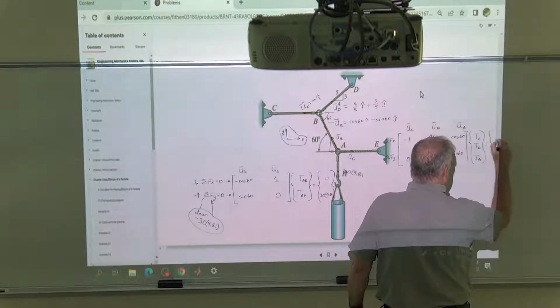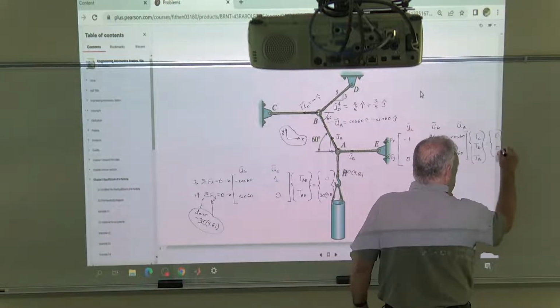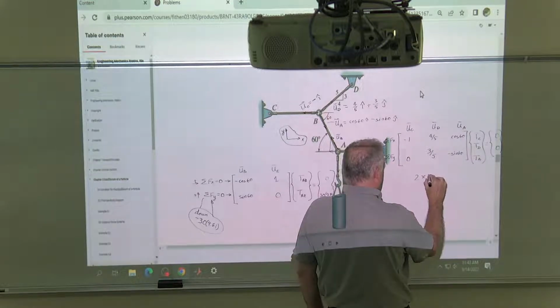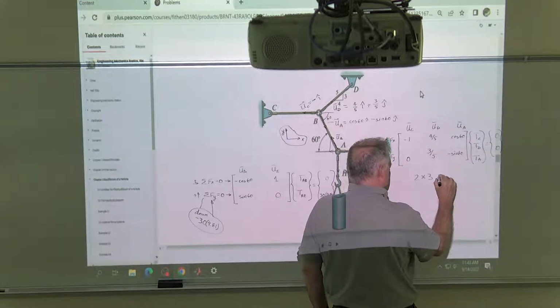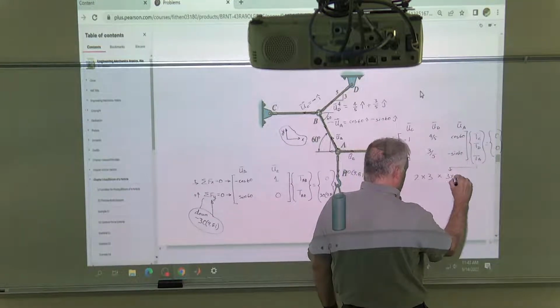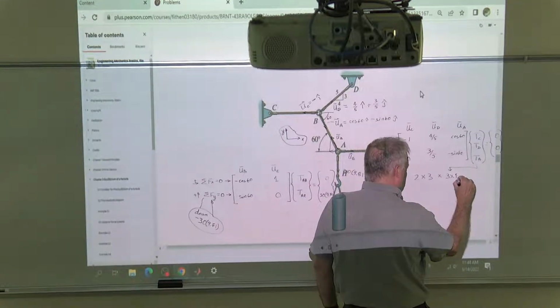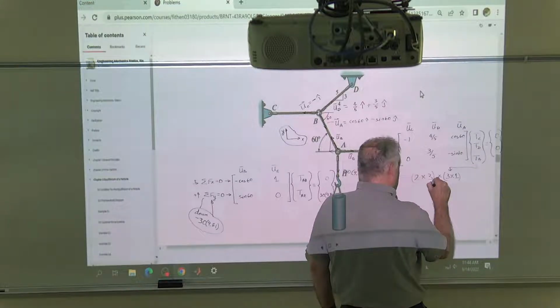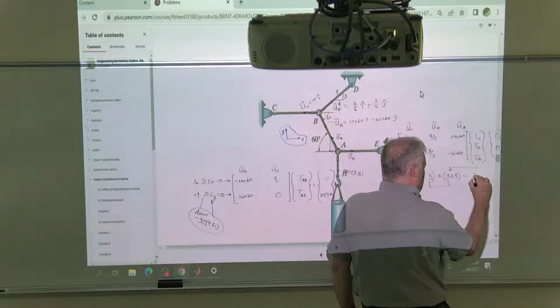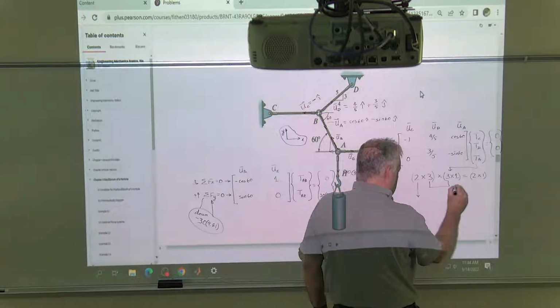So this is bizarre in the fact that it might confuse you. It is 2 rows by 3 columns times 3 rows by 1 column. These have to match, equals 2 rows by 1 column. The outside dimension.